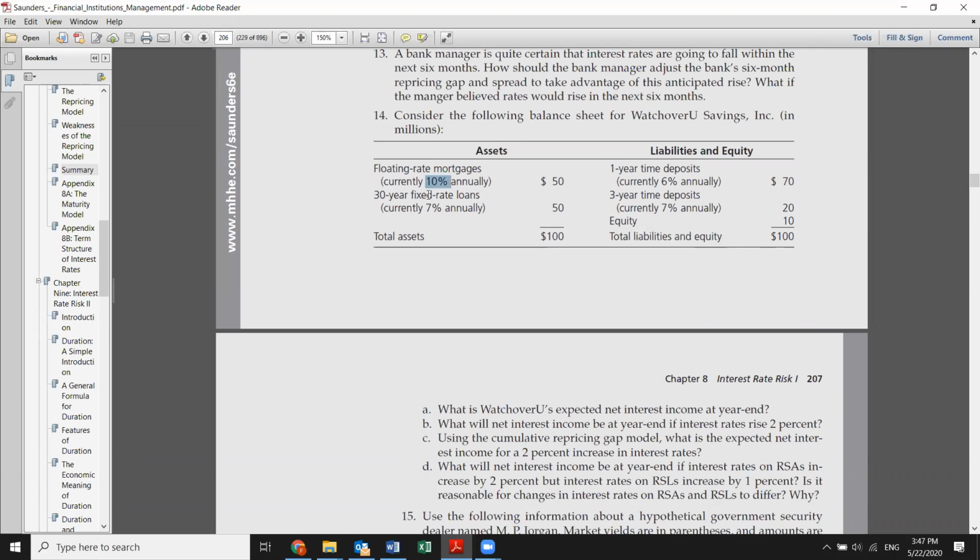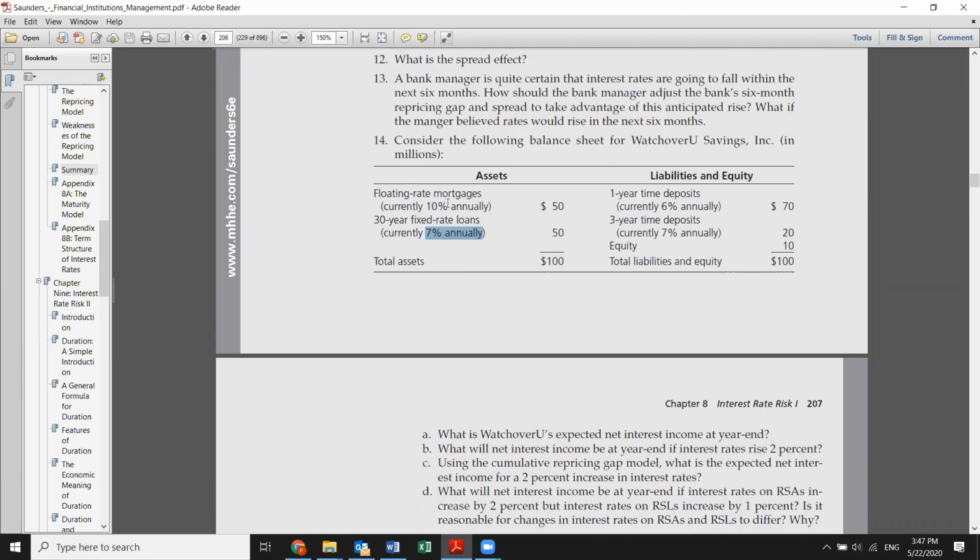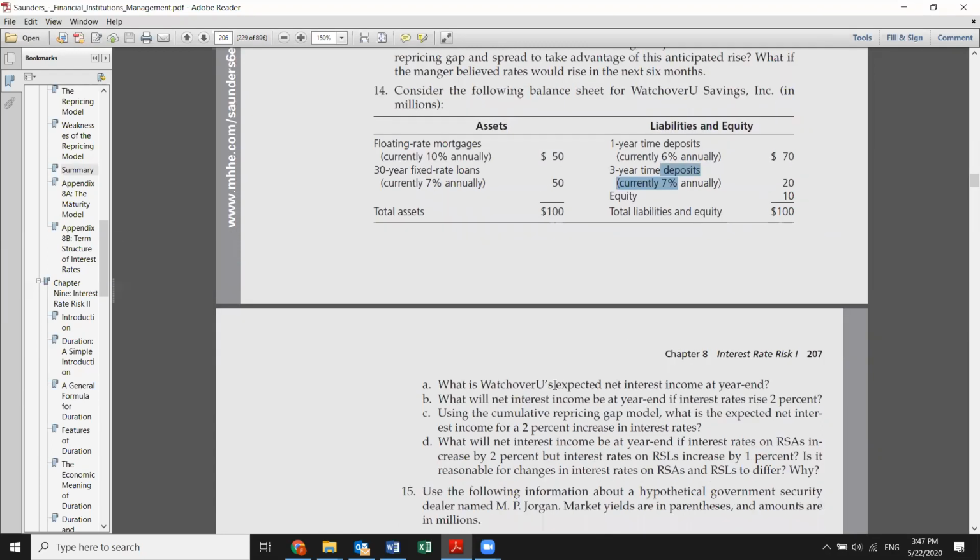This 10%, 7%, it is the interest rate that is charged when the bank is providing the loan. And this is the interest rate charged when the bank is borrowing money from the depositors or from other financial institutions. So when you're asked to calculate expected value, then you should consider it. The keyword here is expected.